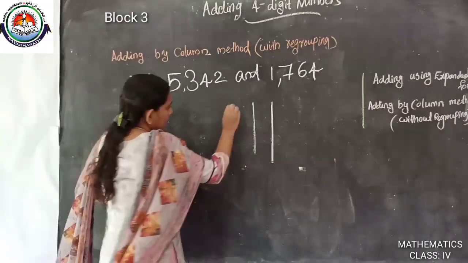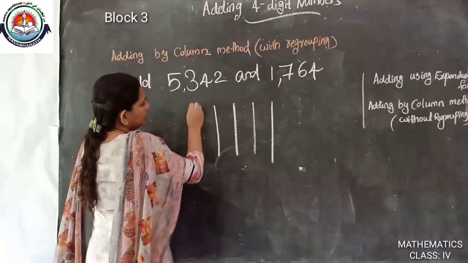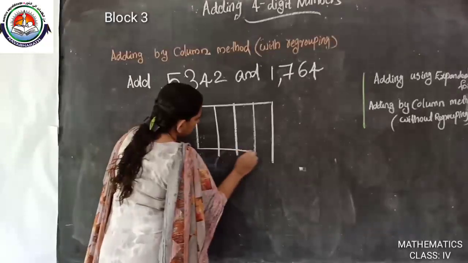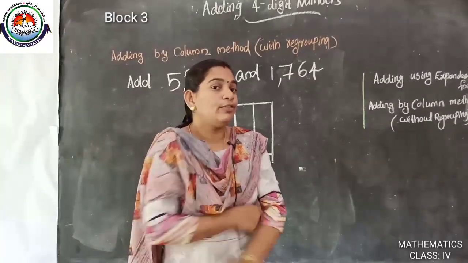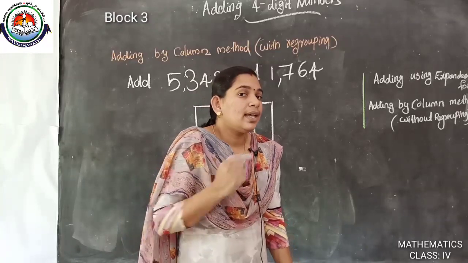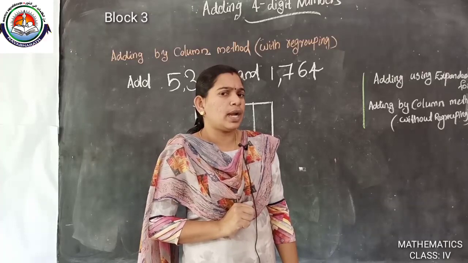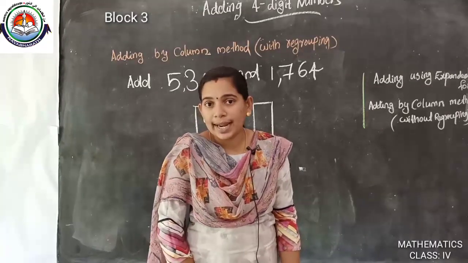First, second, third and fourth. After drawing the columns, what do we do? We place the digits in the columns. Very good. First we arrange the first number's digits.